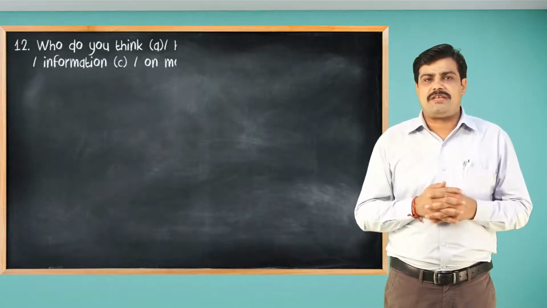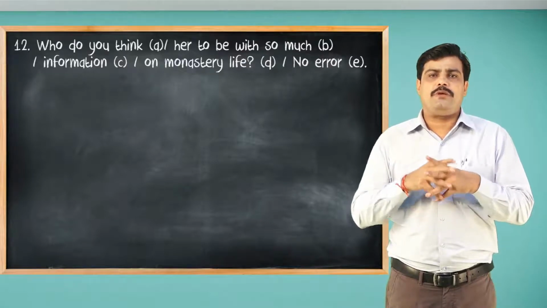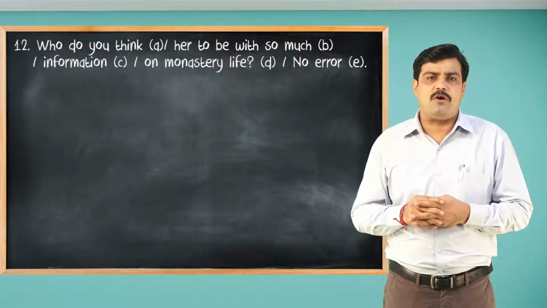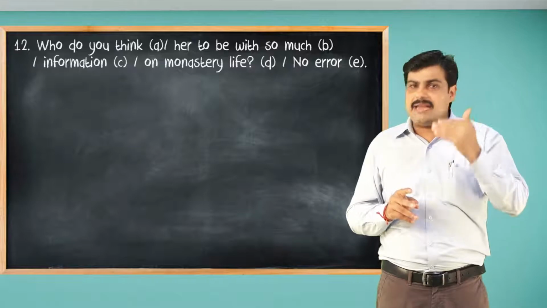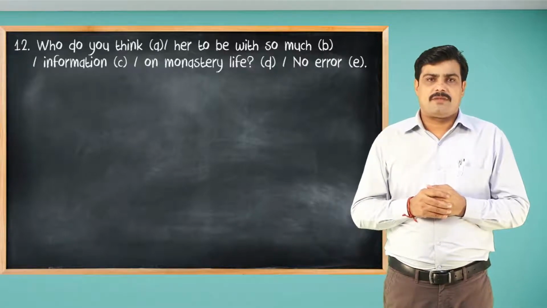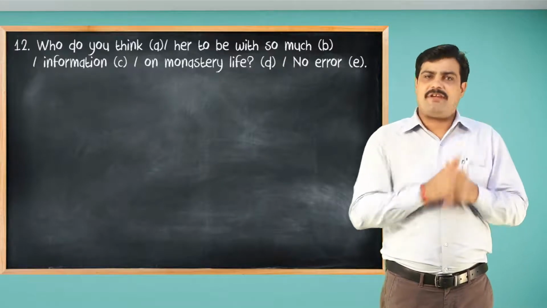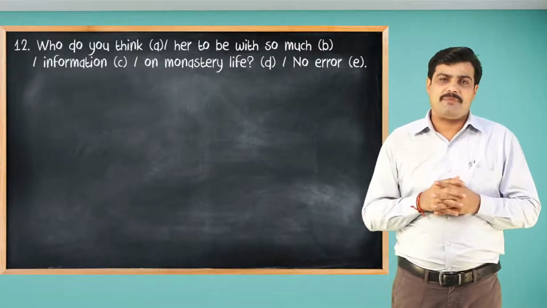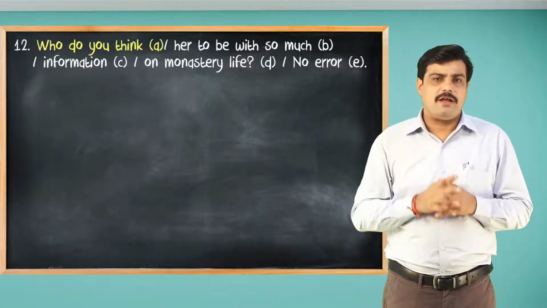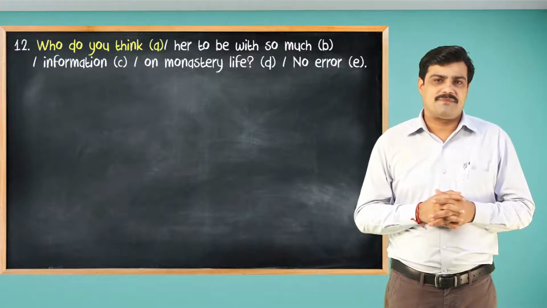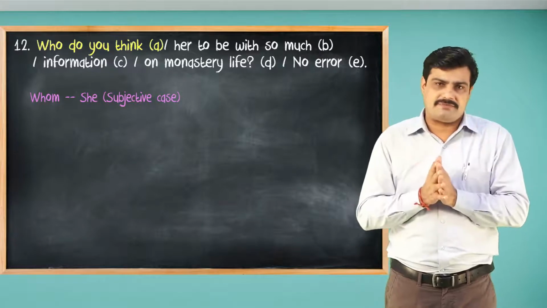Okay, another sentence you see, who do you think her to be with so much information on monastery life? Now there is again the same problem. Who is in the subjective case, the nominative case you say, and in the later part B, the pronoun her is in the objective case.